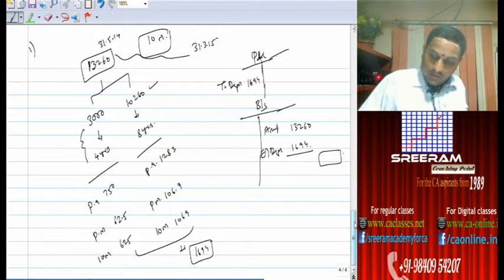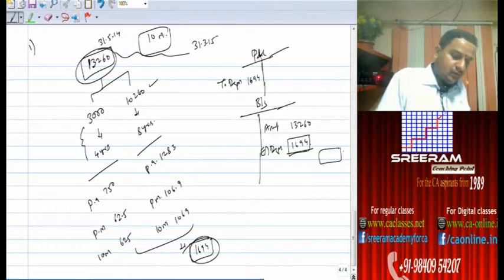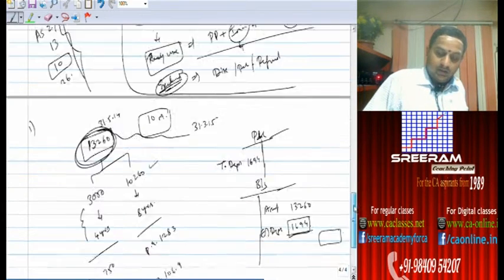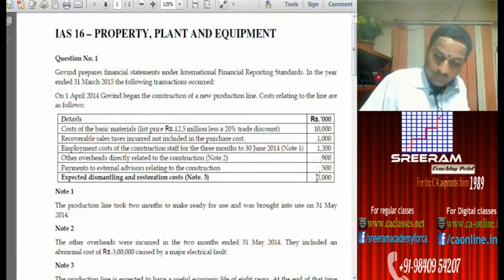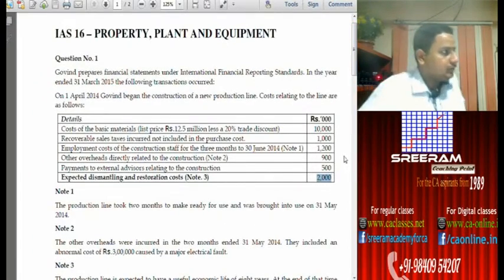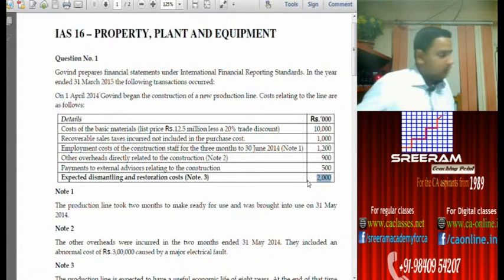Now, this depreciation 1694 is on 13,260. This 13,260 includes the dismantling portion also at present value. 13,260 includes the present value of 2000.